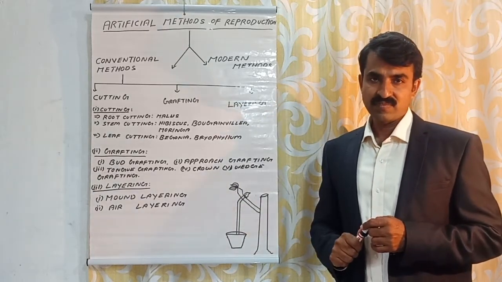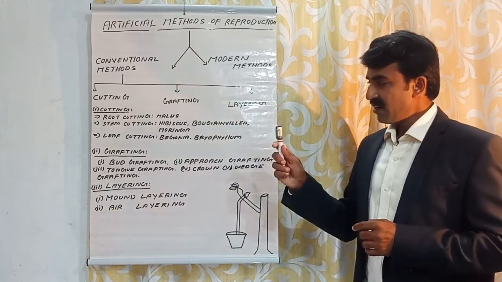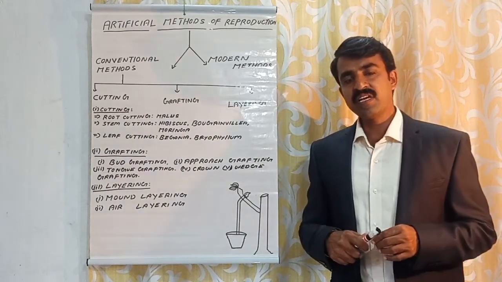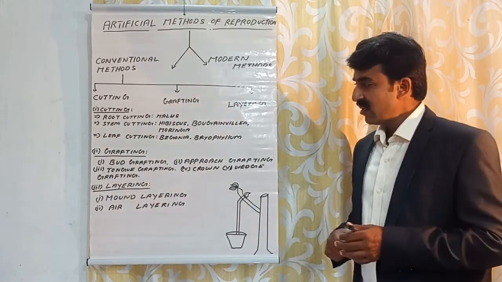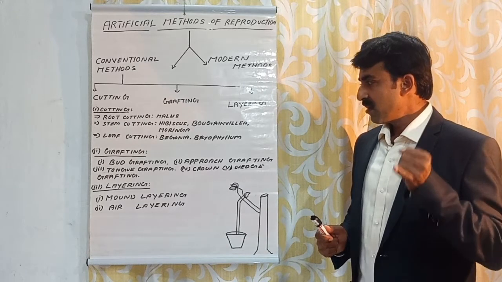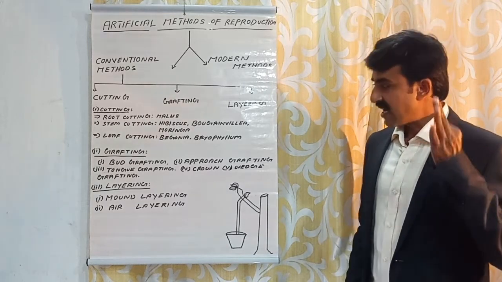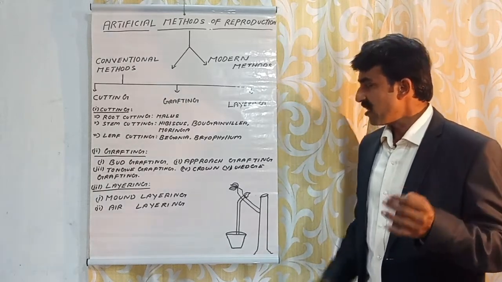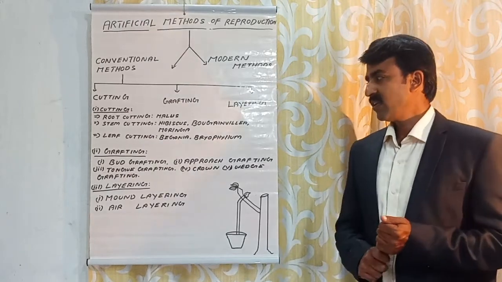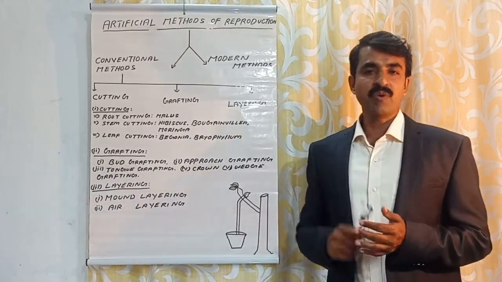S-C-I-O-N. There are various types of grafting employed today: bud grafting, approach grafting, tongue grafting, crown grafting, wedge grafting. Let us discuss one by one.